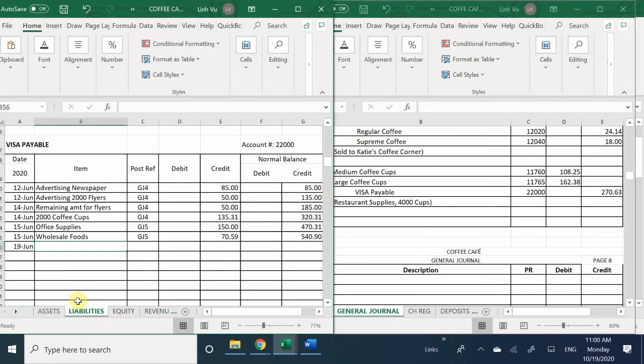You technically don't need the vendor in this case. What did you buy? What did you charge? 4,000 cups. Yes. 4,000 coffee cups. General journal number 7. All right. And how much was that credit transaction for? 270.63.